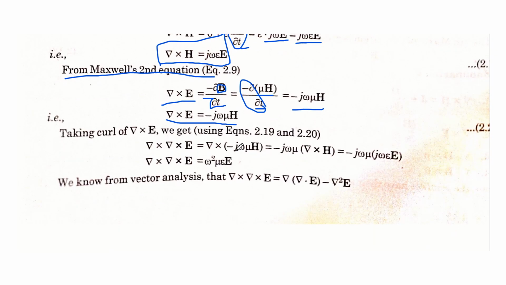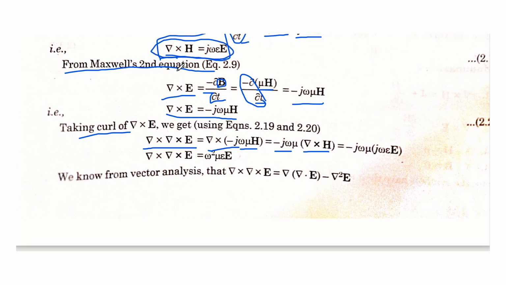Now, from vector analysis, I am going to take the curl on both sides. Then our equation will be like this: del cross of E bar is equal to del cross of minus J omega mu H bar. Now I can write this equation as minus J omega mu into del cross of H bar. Here I already derived del cross of H bar, which is J omega epsilon E bar. I simply substituted J omega epsilon E bar in place of del cross of H bar.